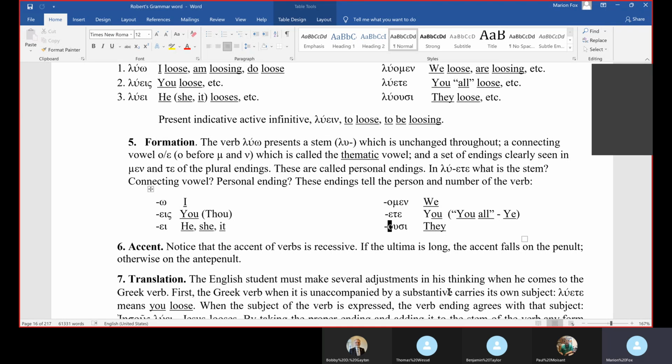Now all we've got to do is take a verb and change the endings, and we can make it with this pattern. We can make first, second, third person singular, plural, and we can have the infinitive with the ein ending, right? So that's the present infinitive.